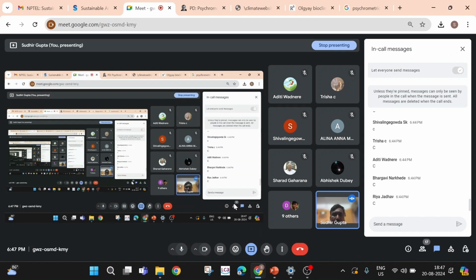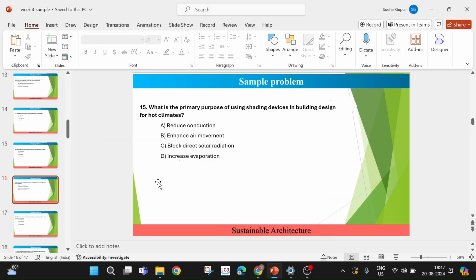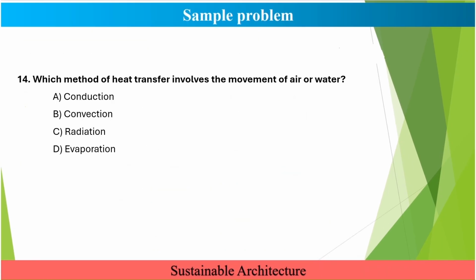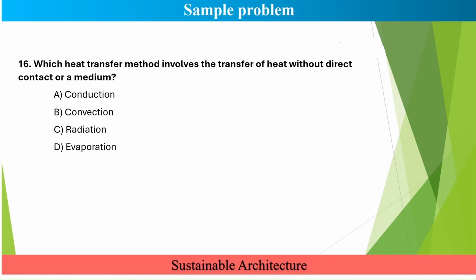Okay, it is clear to all. I think all of you are answering C only. Fine. So we can move to the next question. Question number 15 is done. Can we move to the question 16? Yes, sir. Okay, here is question 16.